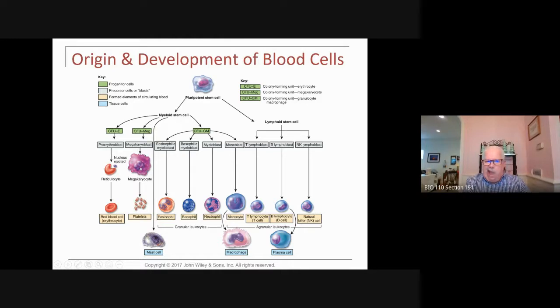It breaks down into fragments called platelets. And we will certainly talk about platelets, because without platelets, you cannot clot. So the megakaryocyte breaks down into hundreds of thousands of platelets. These platelets are not cells. They are fragments of cells.